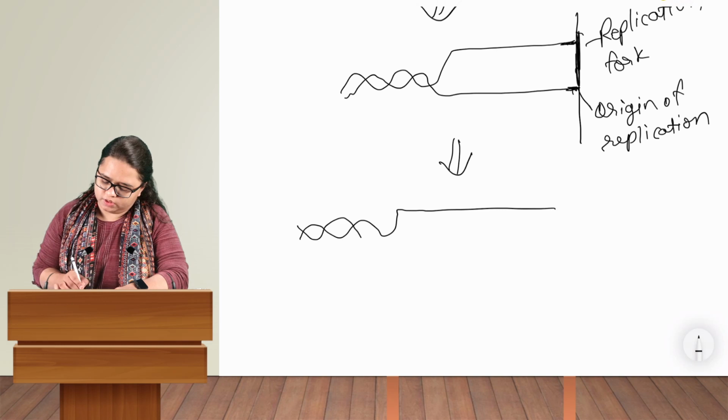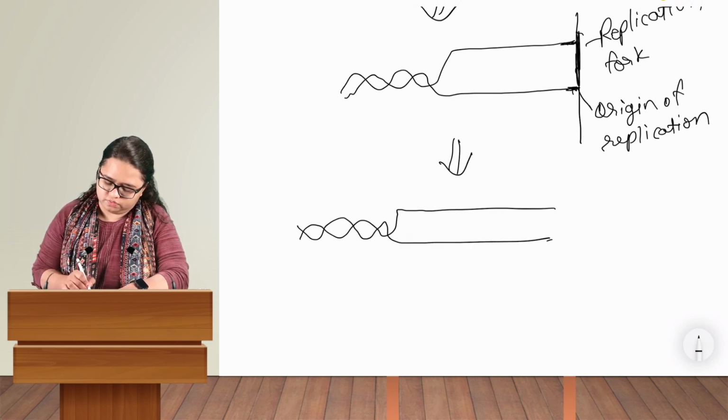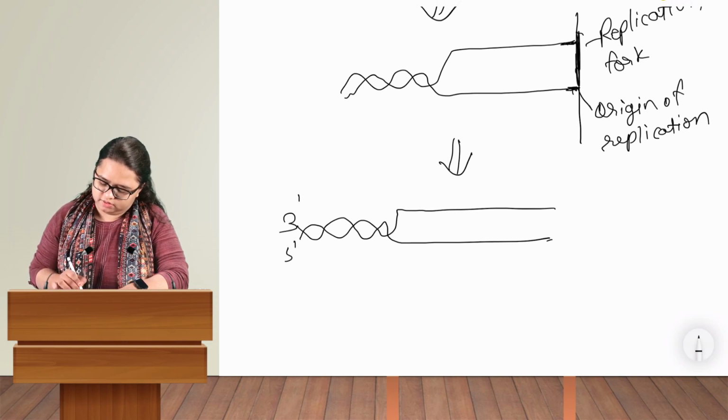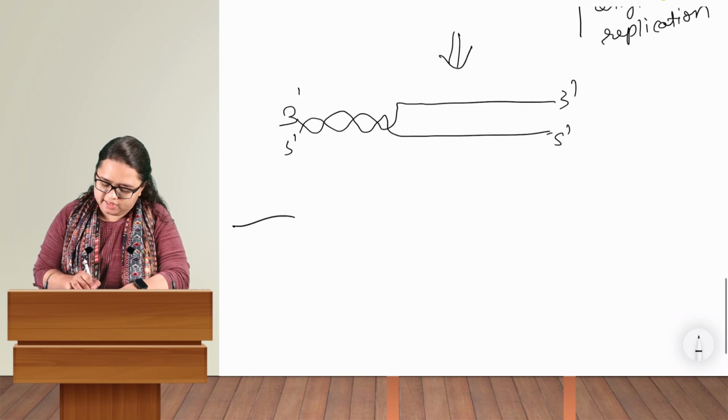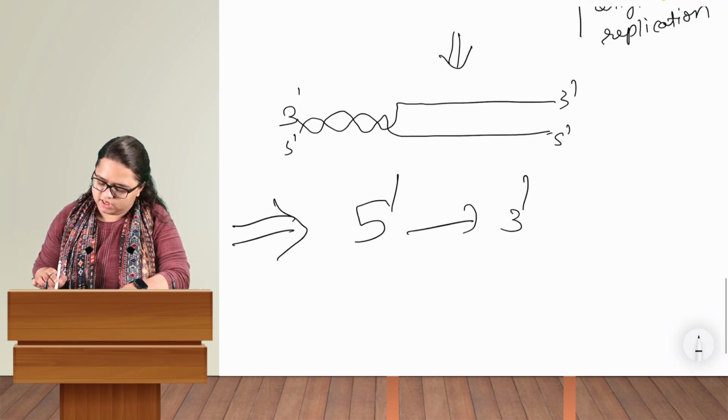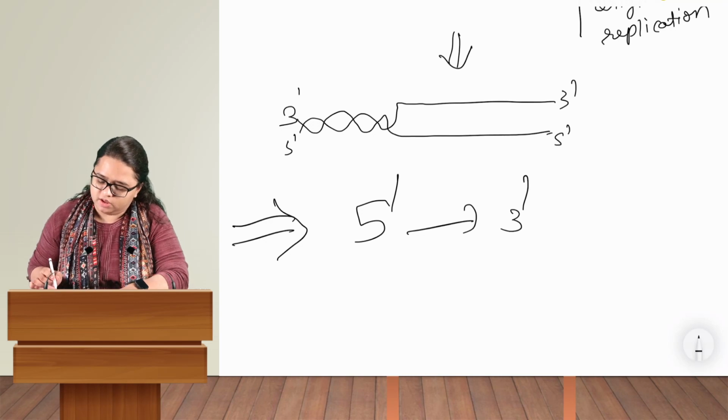Now you know that DNA is a double helix structure over here, 3 dash, 5 dash, and so replication always takes place in 5 dash to 3 dash direction. Remember that.